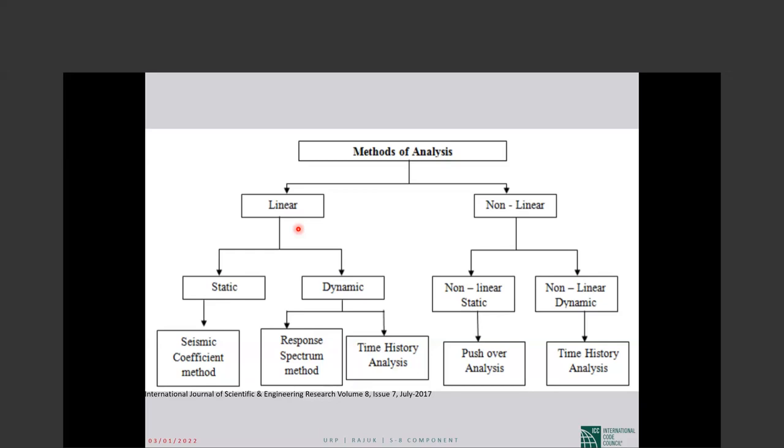In the previous session on linear methods, we couldn't get the plastic deformation of the elements, because linear analysis doesn't give us the plastic deformation, doesn't give us the ductility, doesn't give us the nonlinear damage.